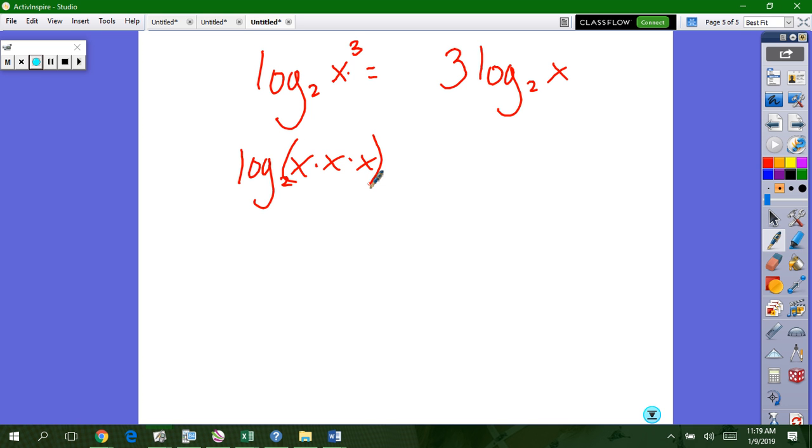Would you guys agree with that? So when I see multiplication, what do I do? Add them. How many of those do I have?